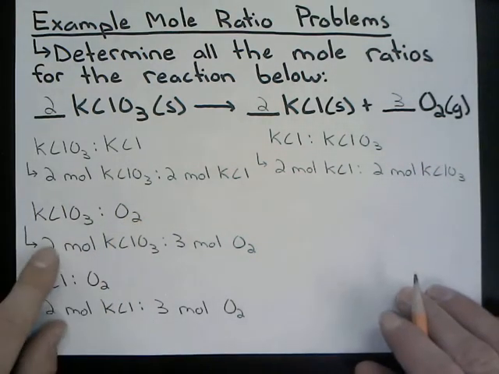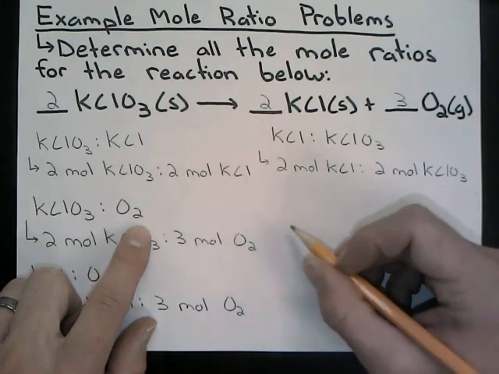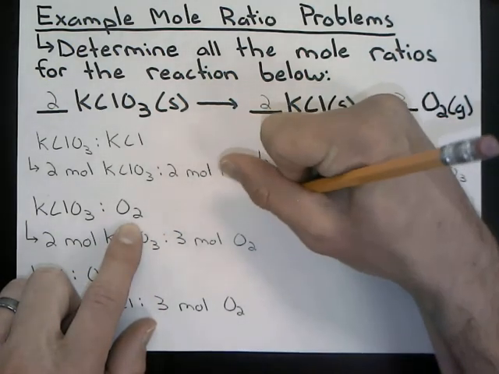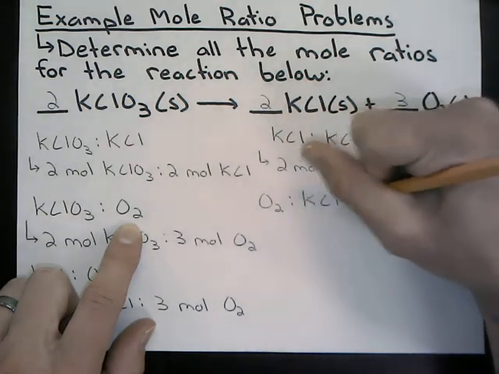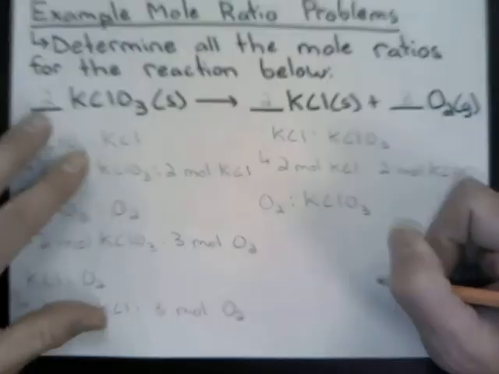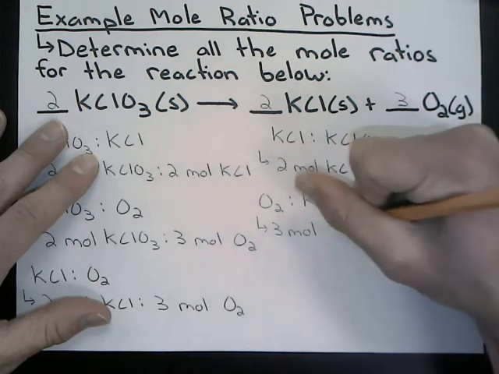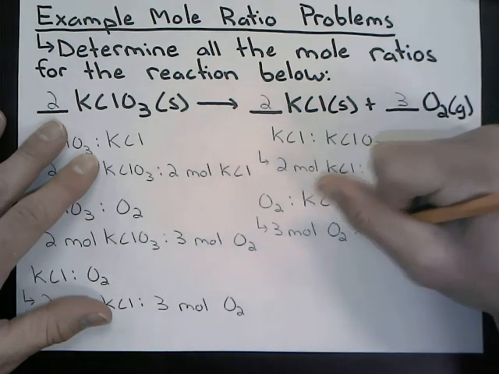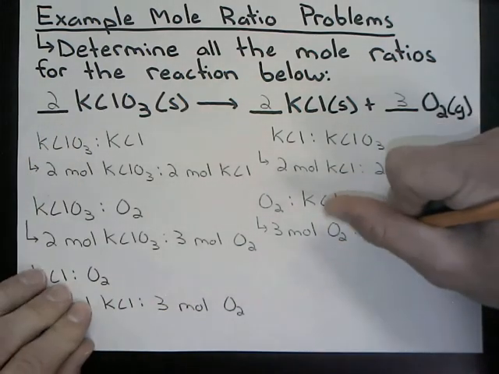Now, again, we're going to flip-flop here. So our mole ratio, or our values that we're finding, is O2 to KClO3. So our value for our mole ratio here would be 3 moles O2 to 2 moles of KClO3.